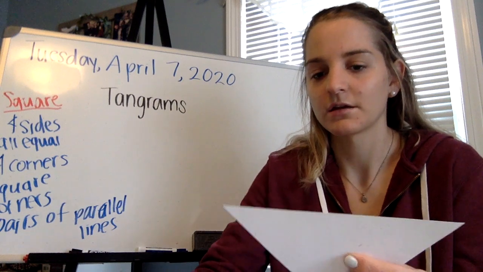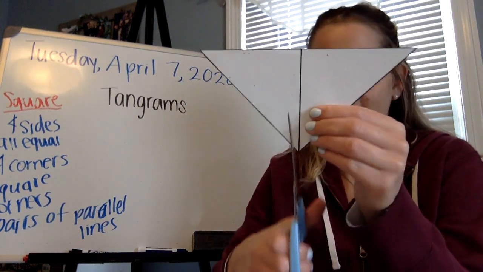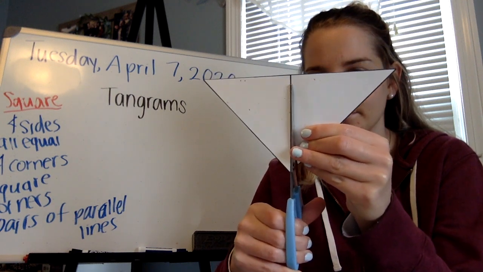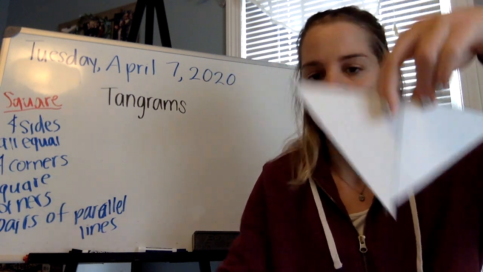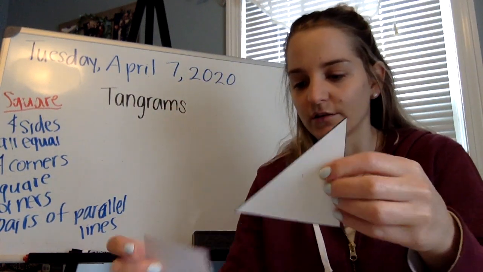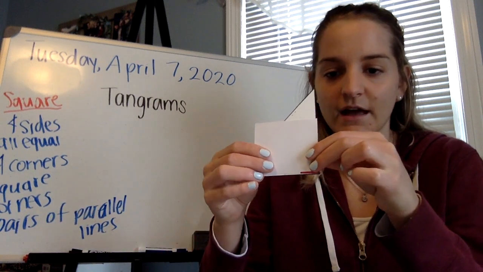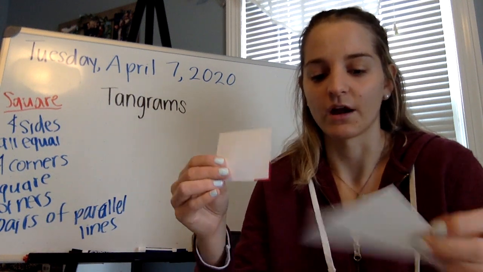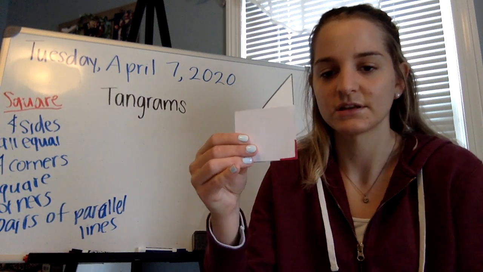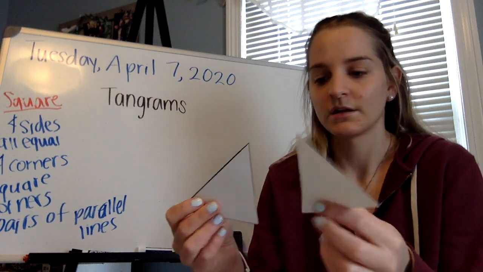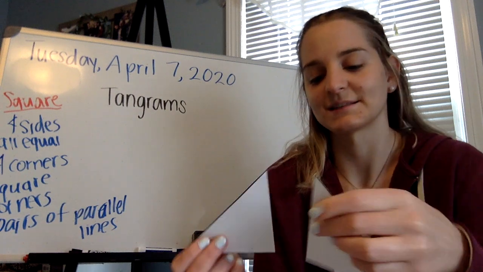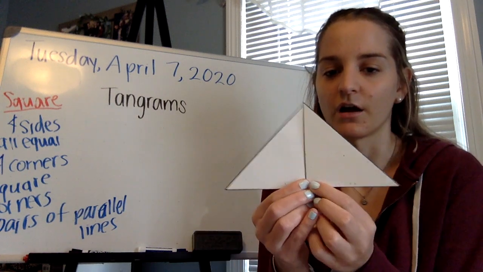Now, if we cut it in half again, now we have 2 triangles, and each triangle has 1 square corner. So it's kind of cool how you can have 2 shapes come together to make, sorry friends, it's really hard doing this backwards, to make a bigger of the same shape.